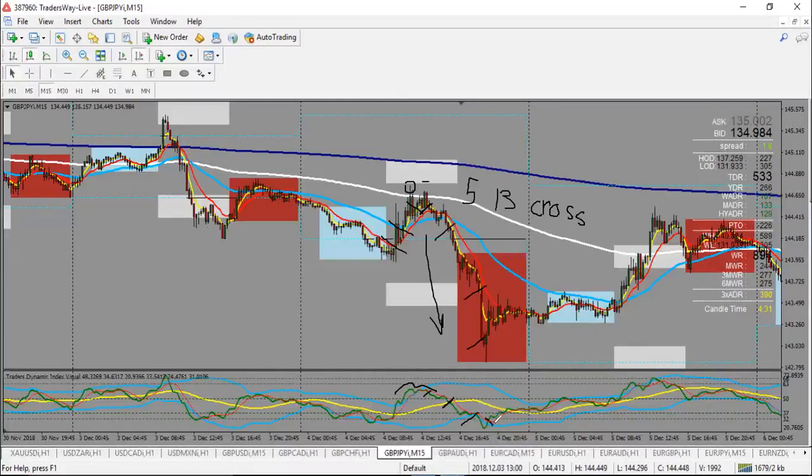Price breaks back to the upside in the volatility band. You get out of this trade right here. And you realized over 100 pips.